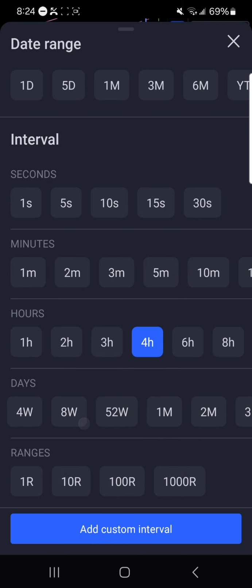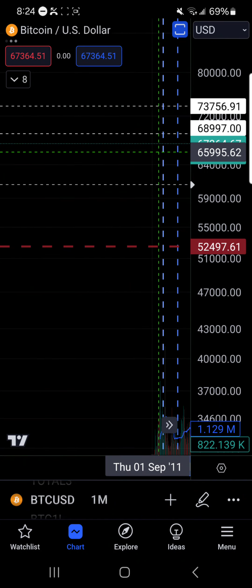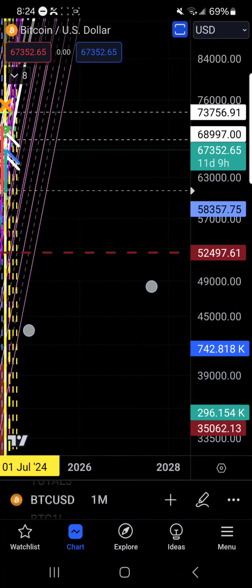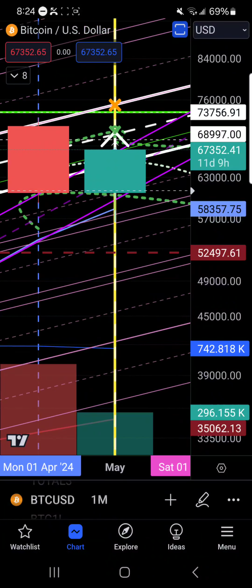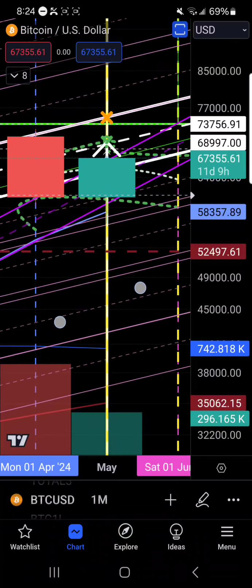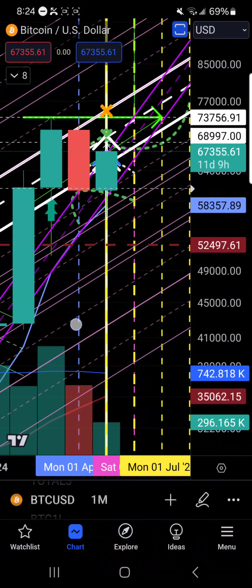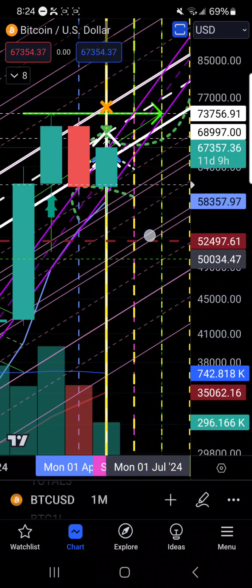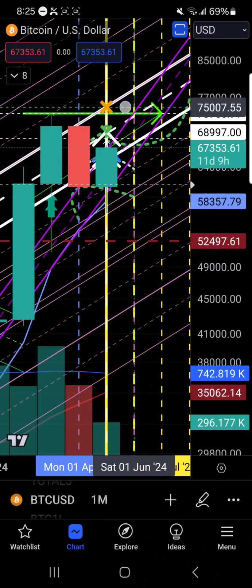Oh, that reminds me, I want to bring up something else too that I have discussed recently. So this would be the month of May. So see, that's nice. On a monthly time frame, our target here at the orange at the end of the month would then give us a bullish engulfing candle, which makes a lot of sense.